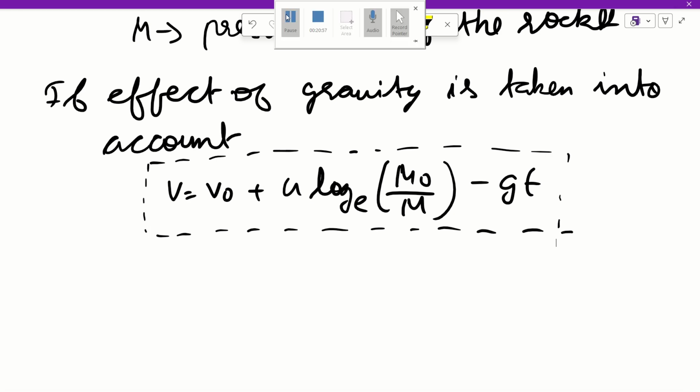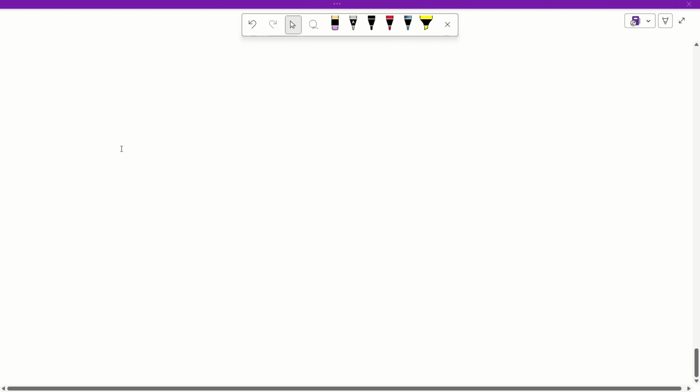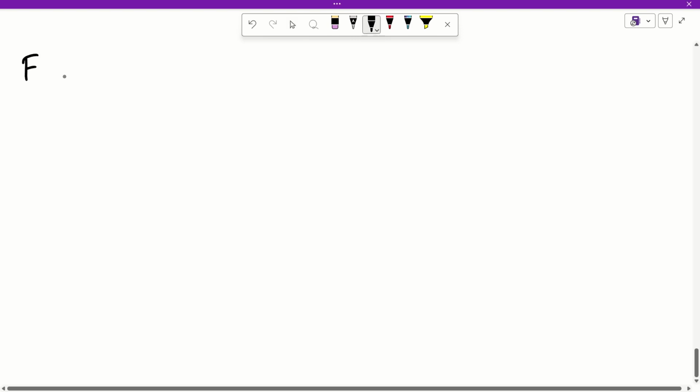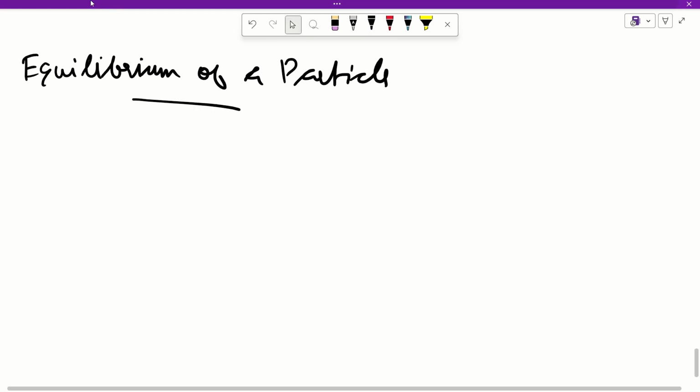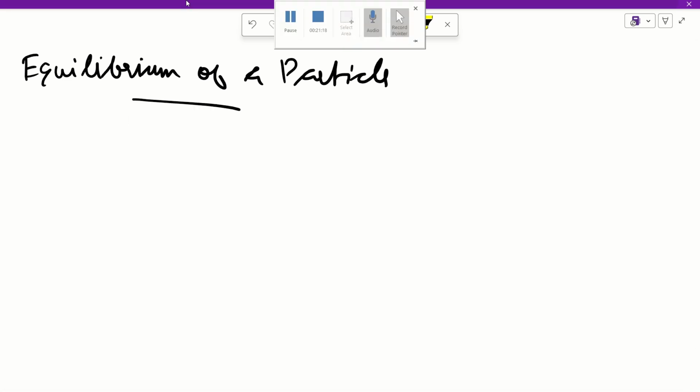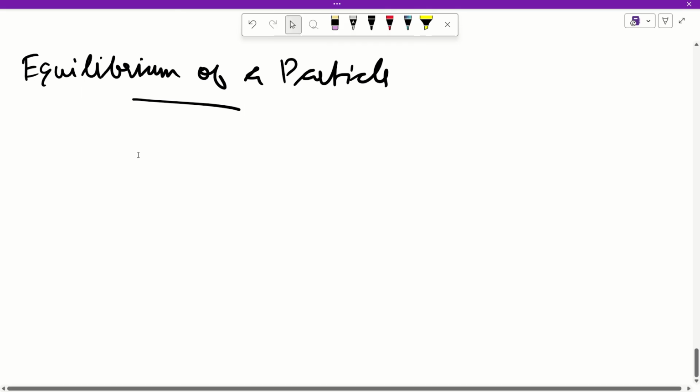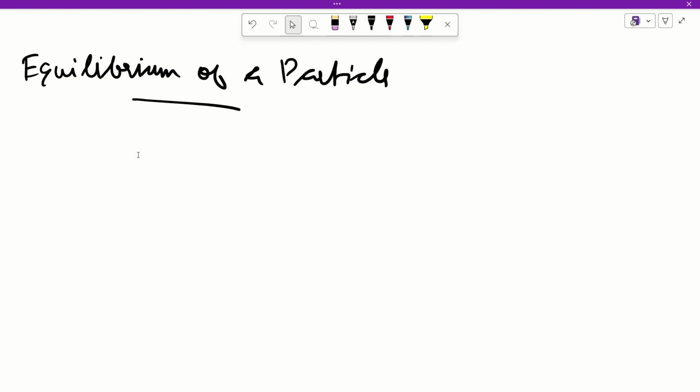Now let us proceed with the next topic. The next topic is called equilibrium of a particle. When the vector sum of the forces acting on a body is zero, then the body is said to be in equilibrium.